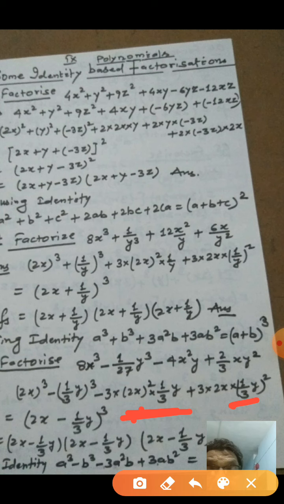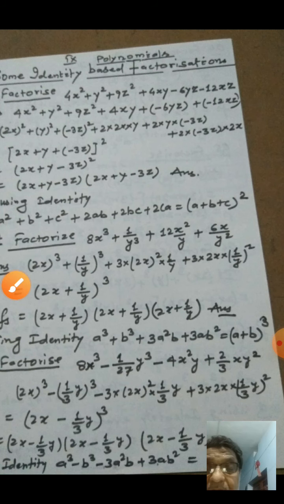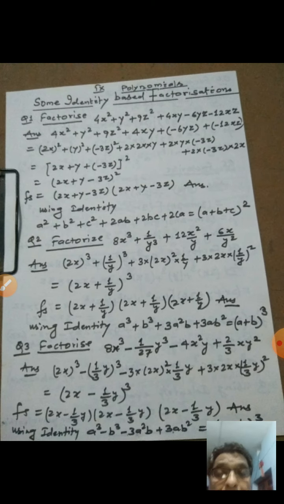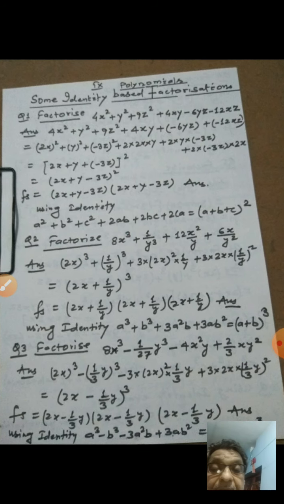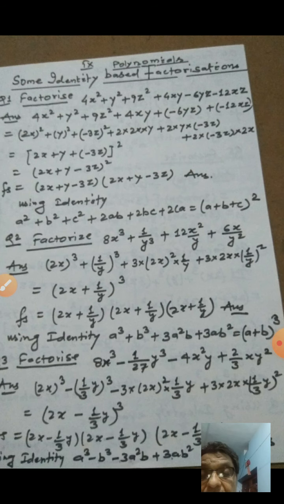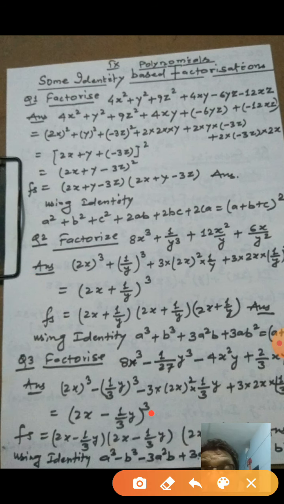So ultimately we have arranged our question on the identity a cube minus b cube minus 3a square b plus 3ab square, which is equal to a minus b whole cube. Okay, students, so finally we have got a minus b whole cube here.